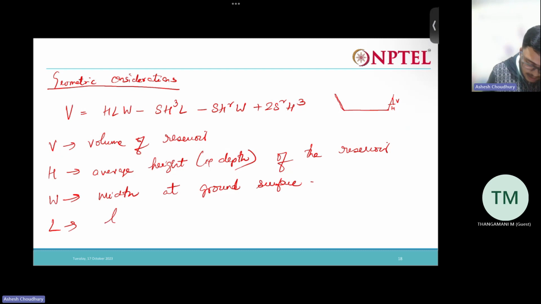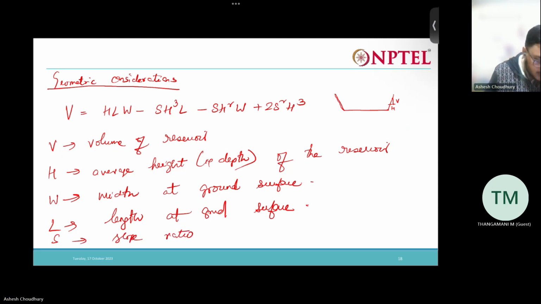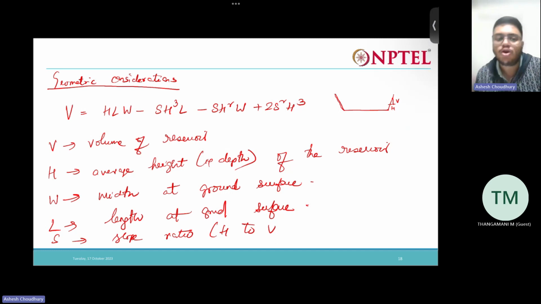L is the length at ground surface. S is the slope ratio, horizontal to vertical. Okay, so this is how we define the volume of the reservoir.